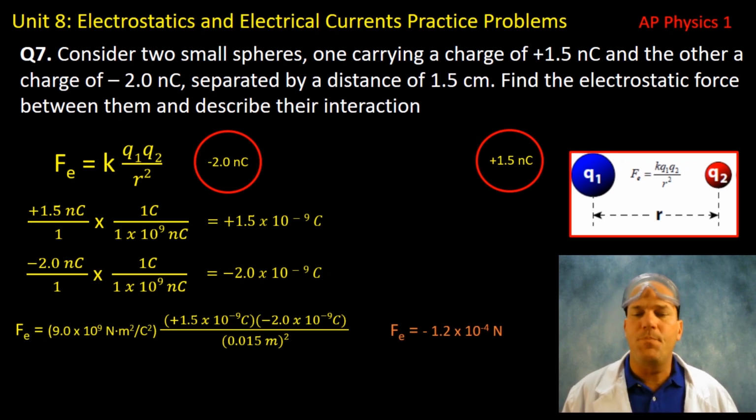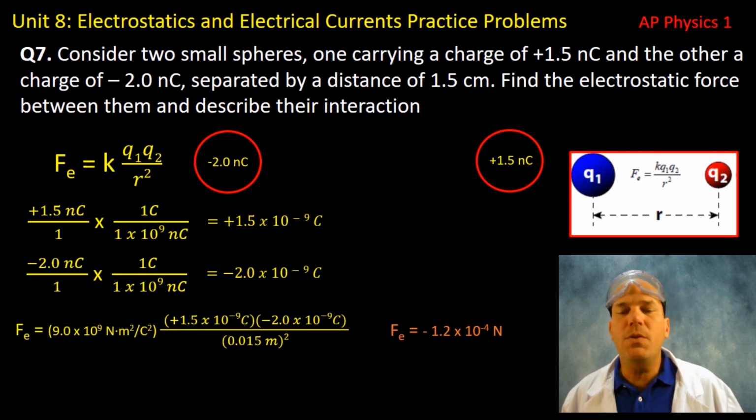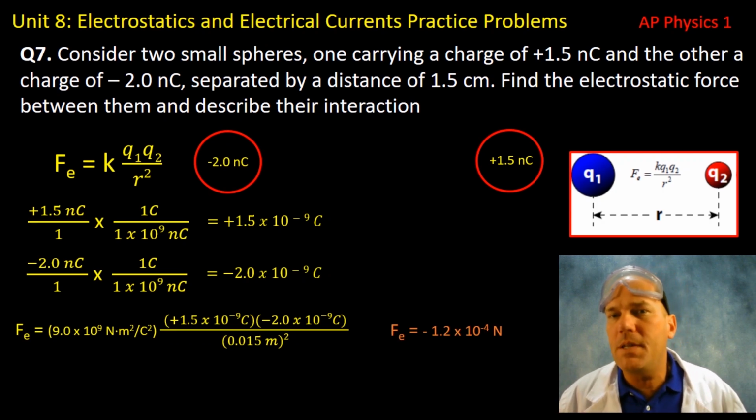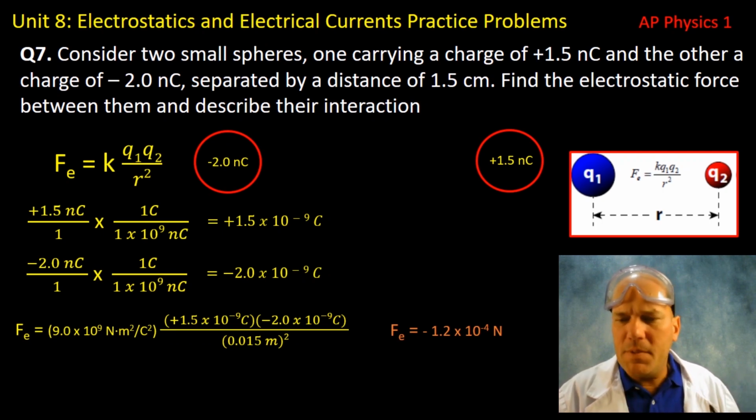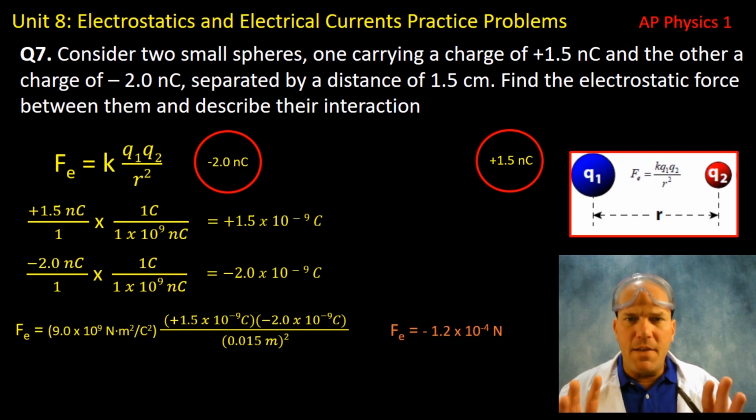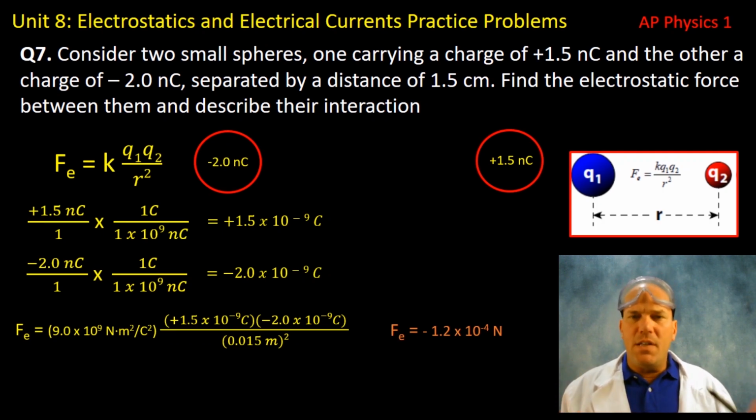So our answer, negative 1.2 times 10 to the negative 4 newtons. We have a negative sign, which is indicative of an attractive force.